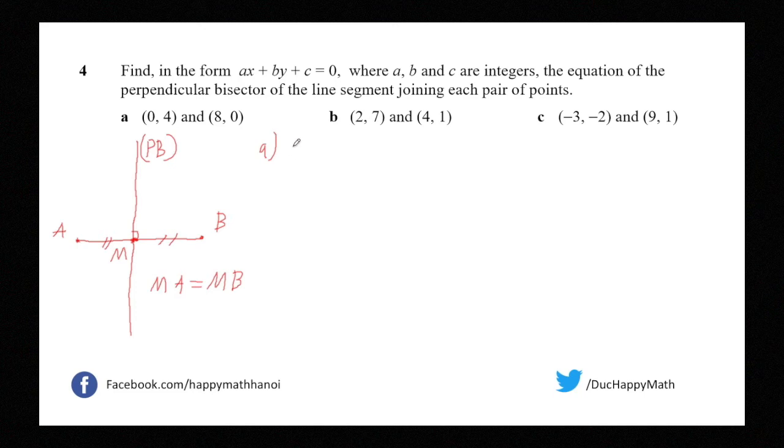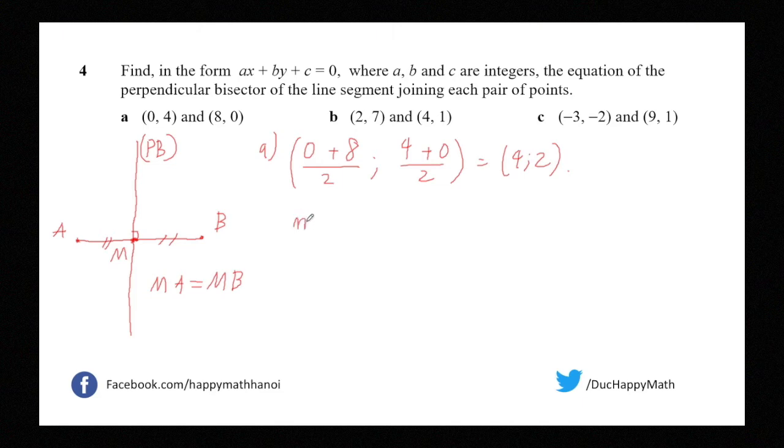The formula to calculate the midpoint is (x1 plus x2) divided by 2, and (y1 plus y2) divided by 2. So the coordinate of the midpoint in this case is (4, 2). How about the gradient?